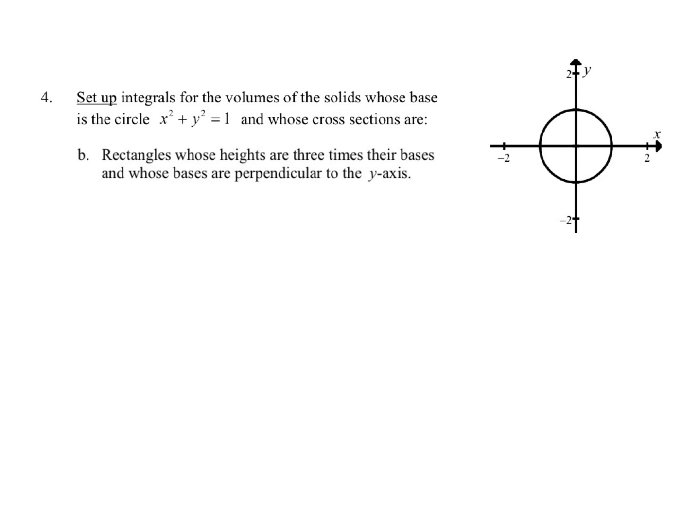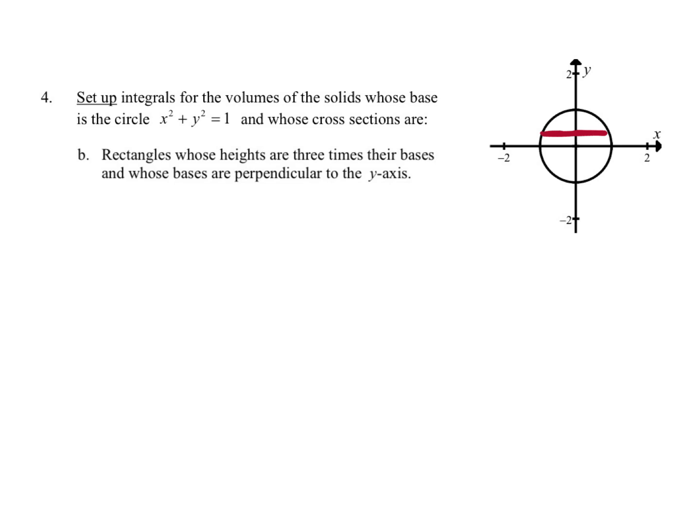So we're still talking about x, right? Our x is still going to be this. Well, we already found out what that x was. That's the base of that rectangle. The height is 3 times that base.